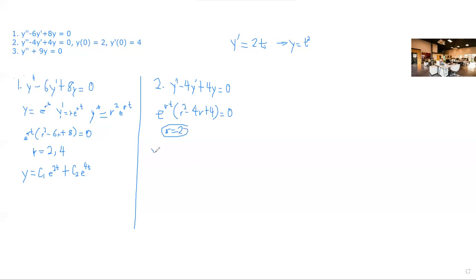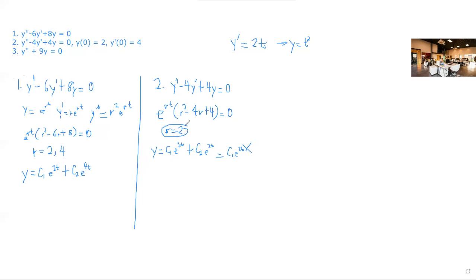So think about this for a second. You would originally say that y is equal to C1 e to the power of 2t plus C2 e to the power of 2t. But this doesn't really make sense. It doesn't just equal C1 e to the 2t? Not exactly.